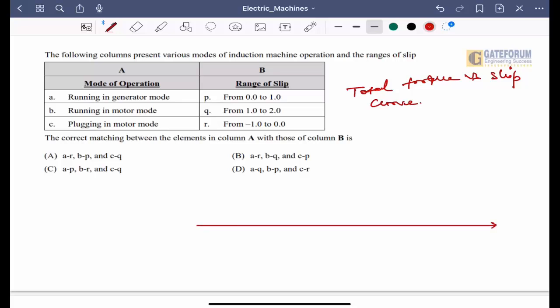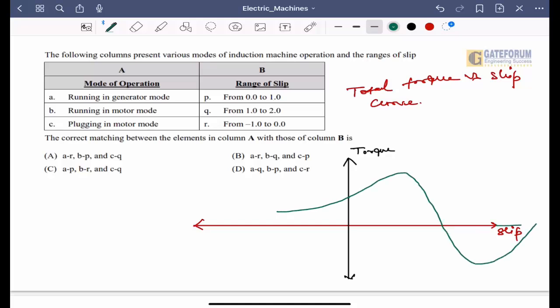This is the slip axis. This is the torque axis. Let me first draw the T-S curve, then we will discuss.